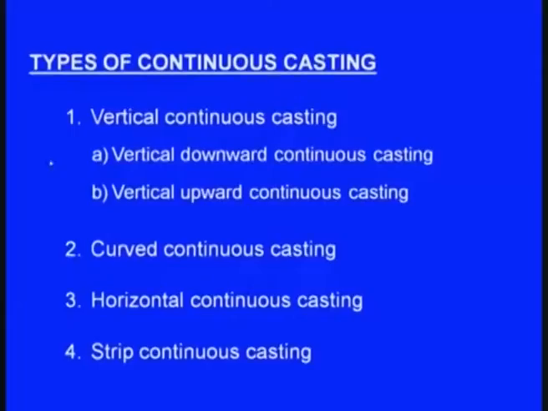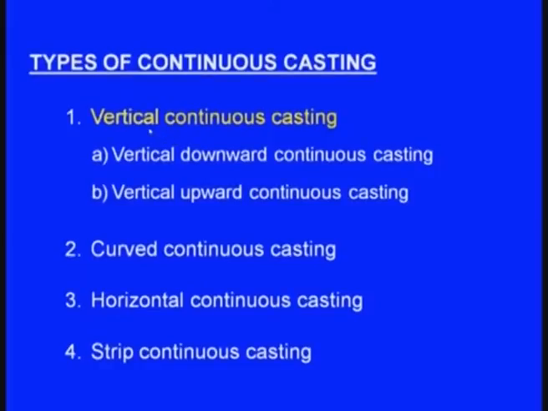The first one, the vertical continuous casting, is subclassified as vertical downwards continuous casting and vertical upward continuous casting. Now, we will see all these one by one. First, we will see the vertical continuous casting. Under that, let us see the vertical downwards continuous casting.